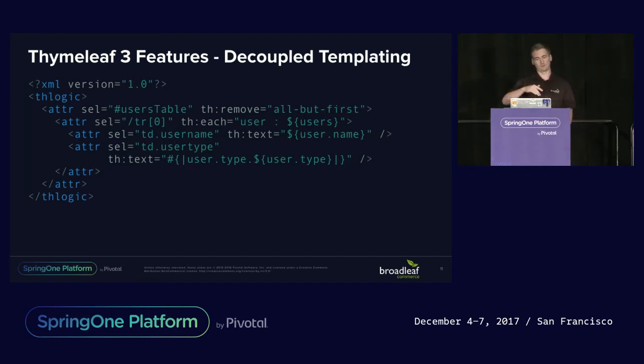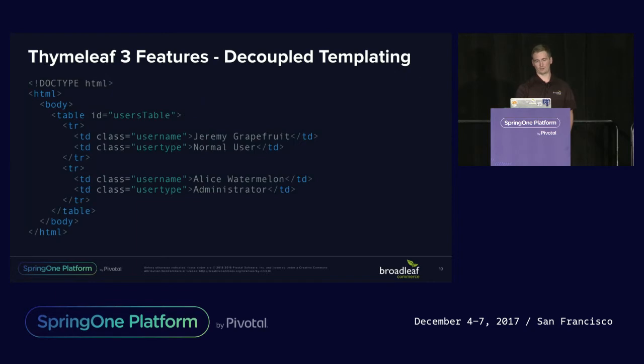We grab that first row, and then for each user, we create a new row, print out the username, and then print out, it looks like an enum with some string concatenation. So it's not the prettiest in the world, but if you really want front-end developers to actually write HTML itself, and you want to leave the templating to somebody else and completely keep that decoupled, then this is actually supported now in Thymeleaf 3.